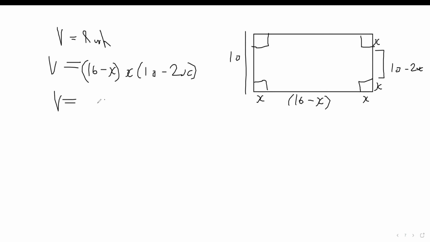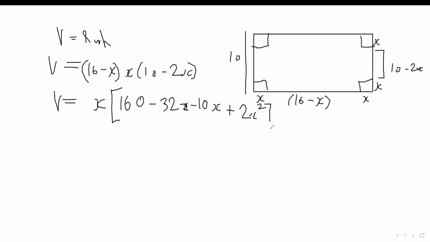So now we're going to work this out and set it equal to what they want. The volume is x times, let's expand this right here. The quadratic: 16 times 10 is 160. 16 times minus 2x is minus 32x. Minus x times 10 is minus 10x. Then minus x times minus 2x is plus 2x squared.